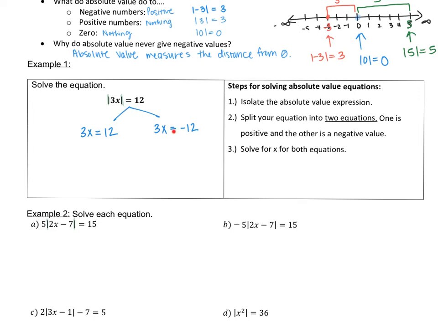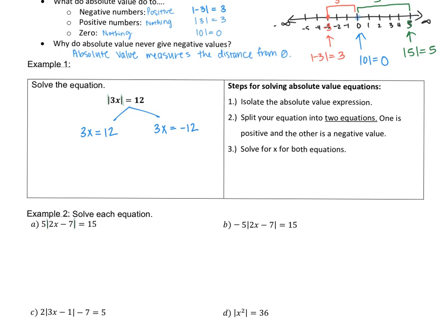When you do the split, notice I no longer have absolute value signs on that 3x. It goes away because I'm accounting that this answer could have been positive, but it also could have been negative, because I don't know, because I took the absolute value. So when you split them up, keep the stuff that's inside the absolute value the same, just drop the absolute value signs. But on the other side of the equal sign, make one value positive and the other value negative.